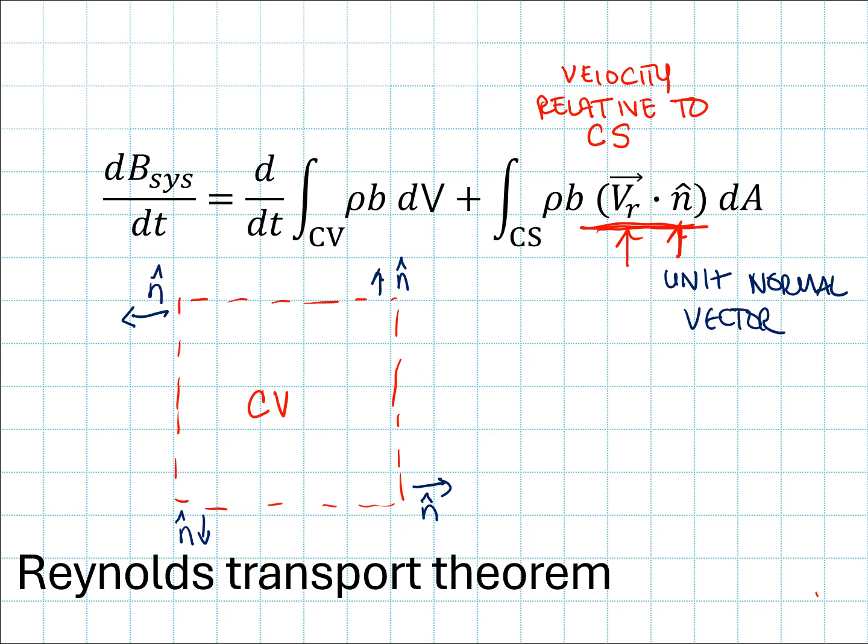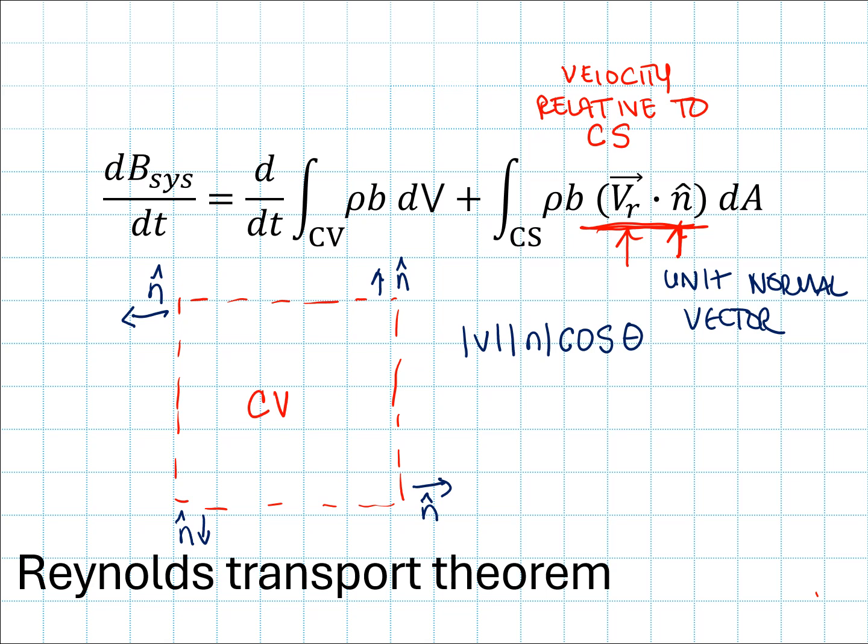And so v dot n is the dot product of the velocity vector and that unit normal vector. So we've got the magnitude of velocity, the magnitude of our unit normal vector, which of course is just going to be 1, multiplied by the cosine of the angle theta between the velocity vector and the unit normal vector.